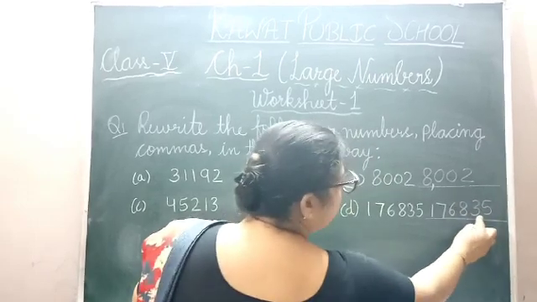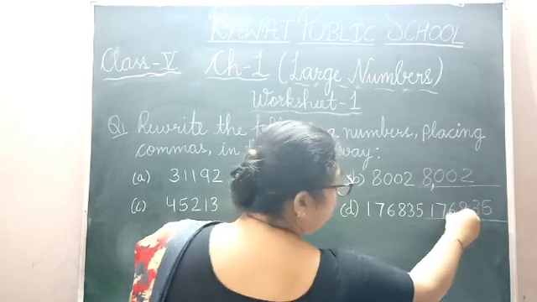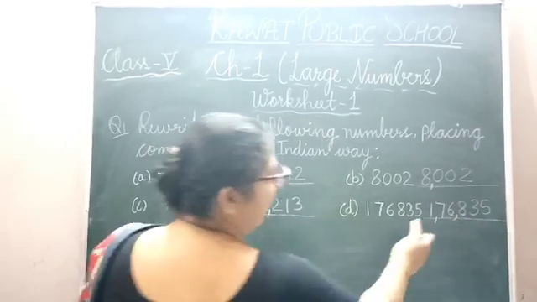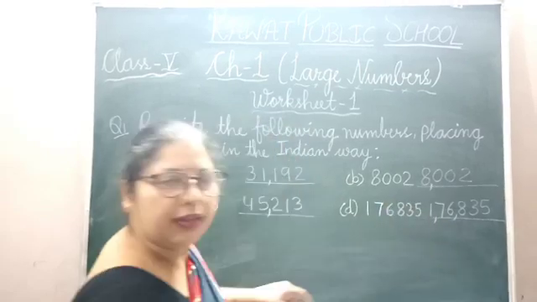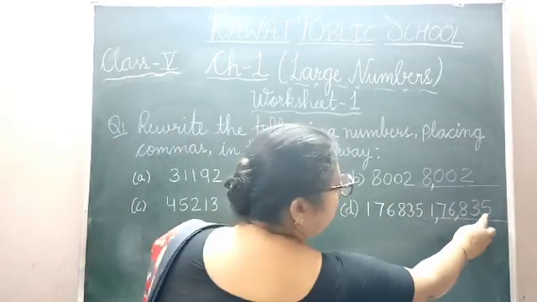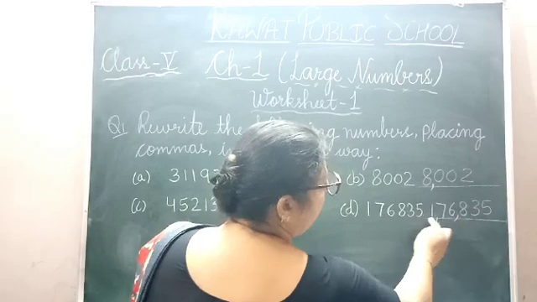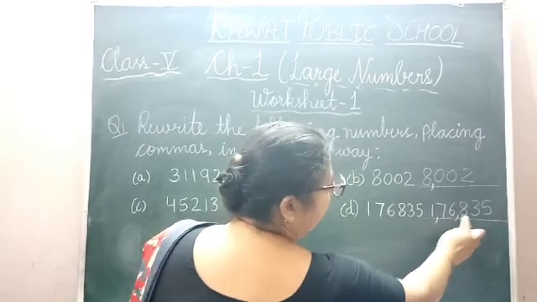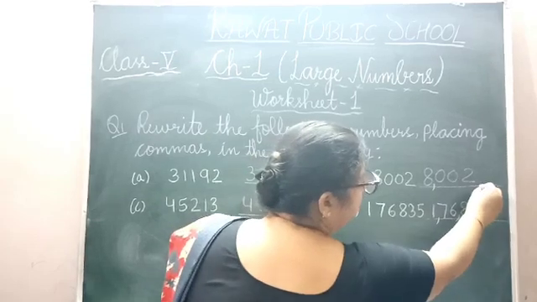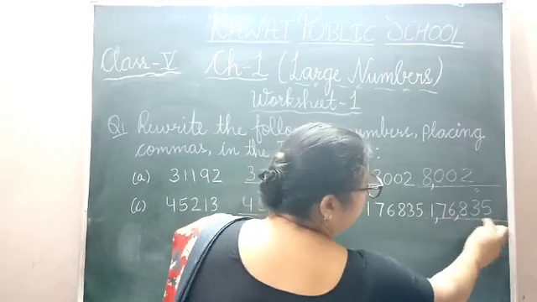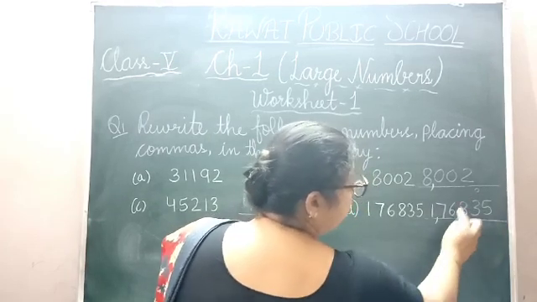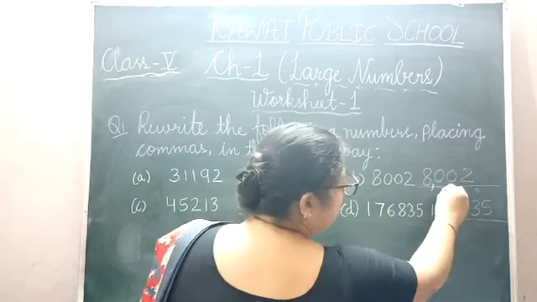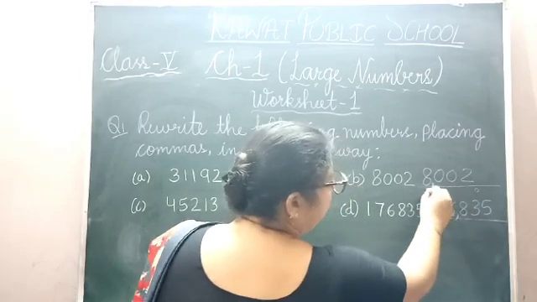Next is 1, 7, 6, 8, 3, 5. So ones, tens, 100. This is ones period. Then 1000, 10,000. This is 1000 period, and this is lakh. One is lakhs. So ones, tens, 100, 1000, 10,000, lakh. So 1,76,835. If you write it here, these 3 are our ones, tens, 100, the ones period, and 6 and 7 is 1000 period, and 1 is lakh.